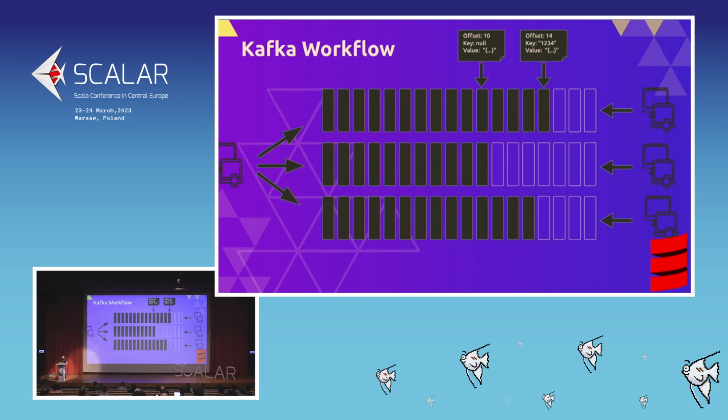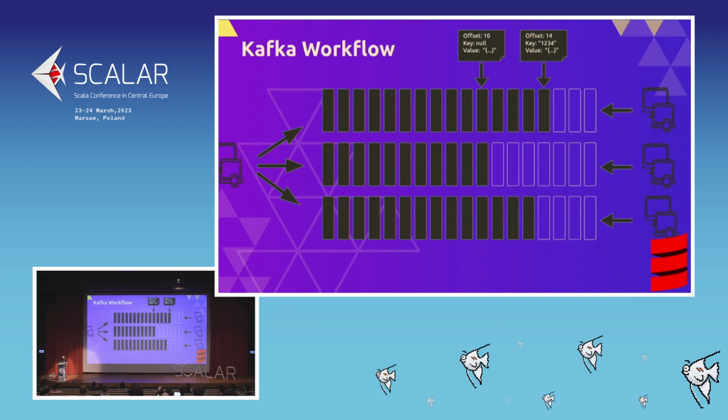A topic is usually divided into one or multiple partitions, and they are distributed among different brokers in a cluster if that is possible. Every partition is an append-only log, which means when a message is sent to a topic, it will be put at the end of one of the partitions. A partition is also immutable, and once a message is there, it can't be modified.